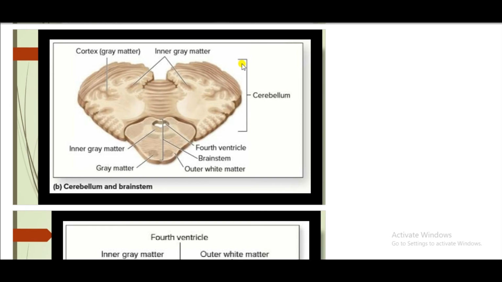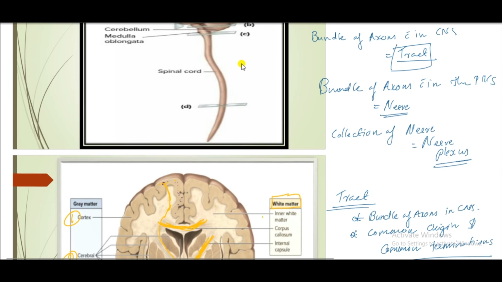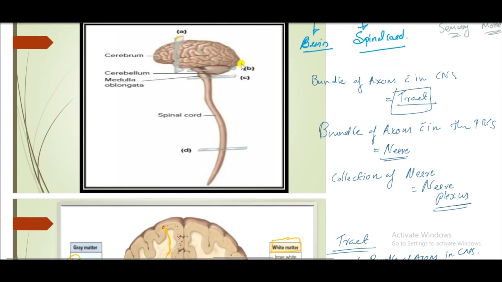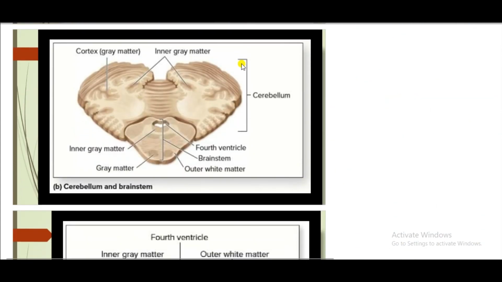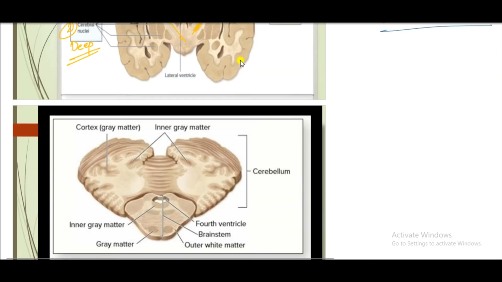It's important, we can discuss it later, but generally, I'm going to section our cerebrum in a coronal view, and the cerebellum and the medulla oblongata here, and we can view the section of the spinal cord. We can see how it is arranged.